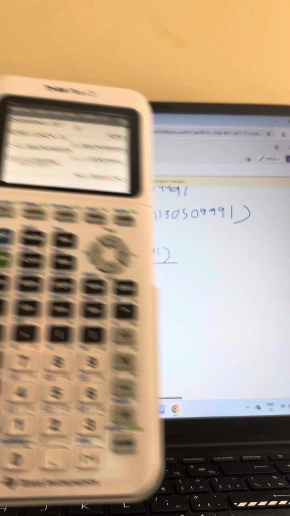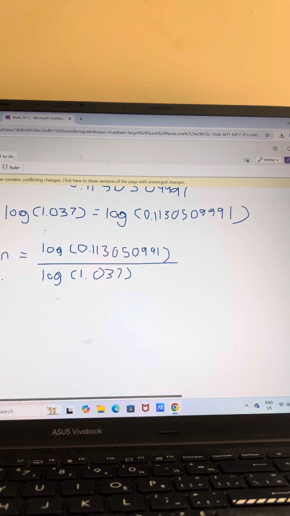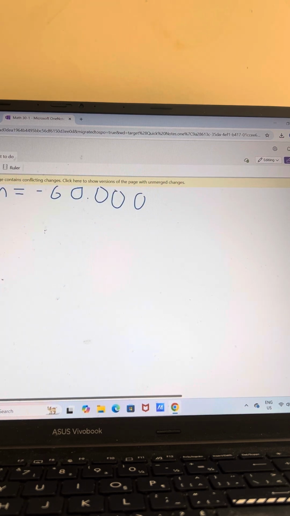Here's our answer right here. Negative n is going to equal negative 60. Look how many zeros there are. So we're just going to say negative 60. All right, we're going to make our lives a bit easier. And this essentially means 60 semi-annual periods.